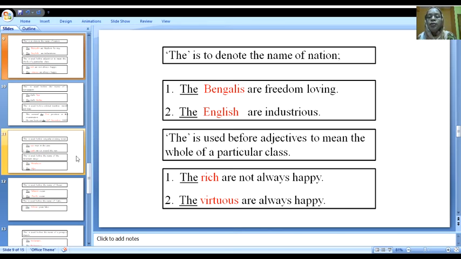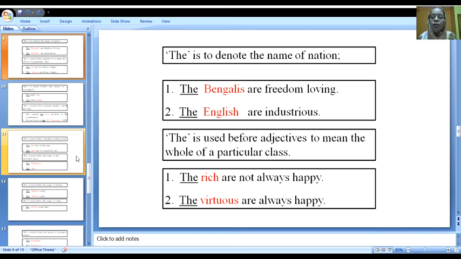The is to denote the name of a nation. The Bengalis are freedom loving. Bengalis means a nation. We are Bengalis. And number 2, the English are industrious. Here English refers to the people of England. Then come to the next rule. The is used before adjectives to mean the whole of a particular class.